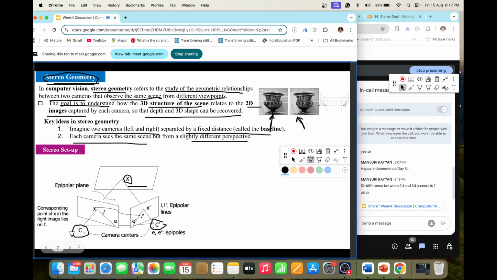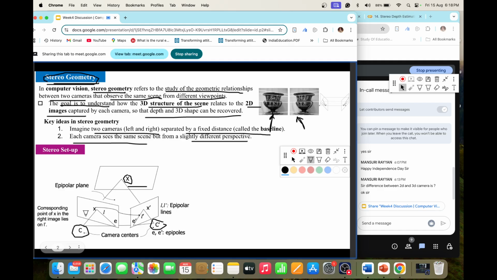Now there is a camera and a real scene point, so for each camera there will be an image point, right? That we have studied in the previous class. The image point will be formed on the image plane. This is the image plane of the left camera, and this is the image plane of the right camera.